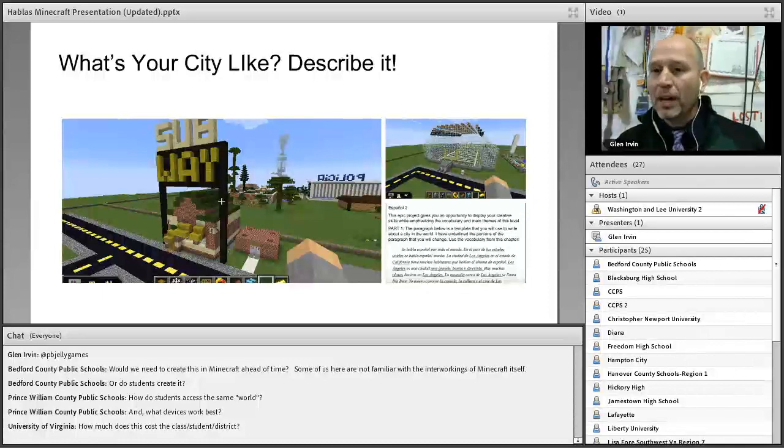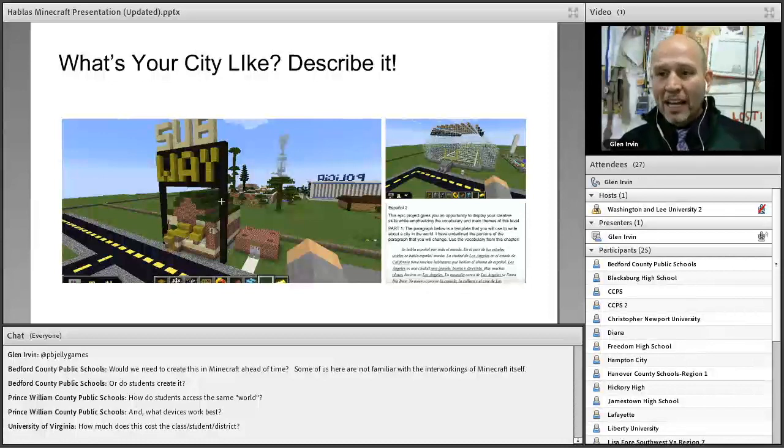What devices work best? The negative part of the newest Minecraft Education Edition, basically the educational version of Minecraft, is that you're going to need Windows 10 devices, or the latest version of the Mac OS that works with the MacBooks.